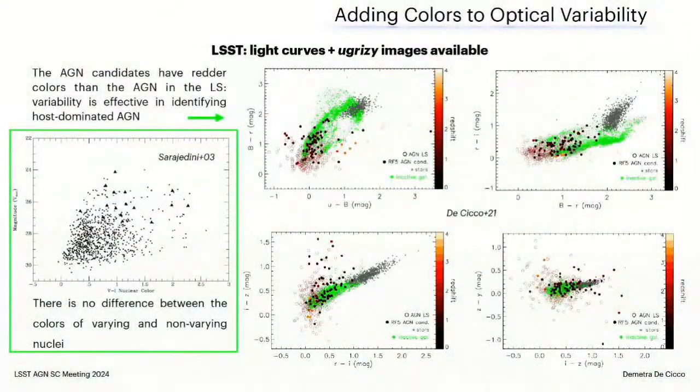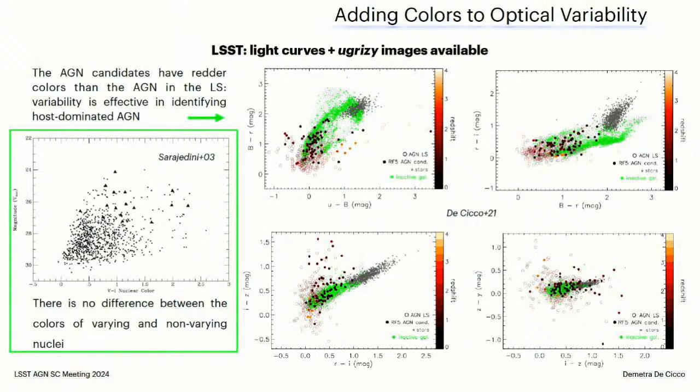Let's start. There are several works showing that using colors alone to select AGN doesn't really work very well. It is fine for quasars, for type 1 AGN, but if you look at this, you see that varying nuclei can have the same colors.